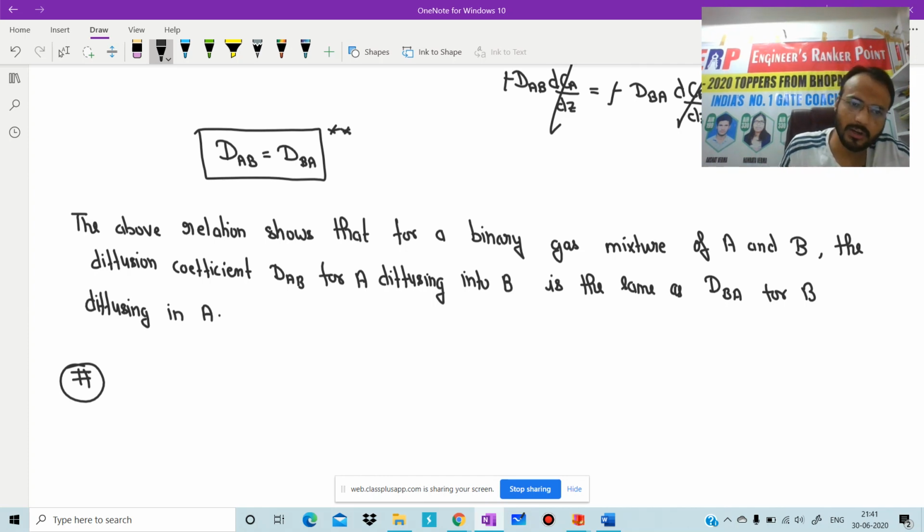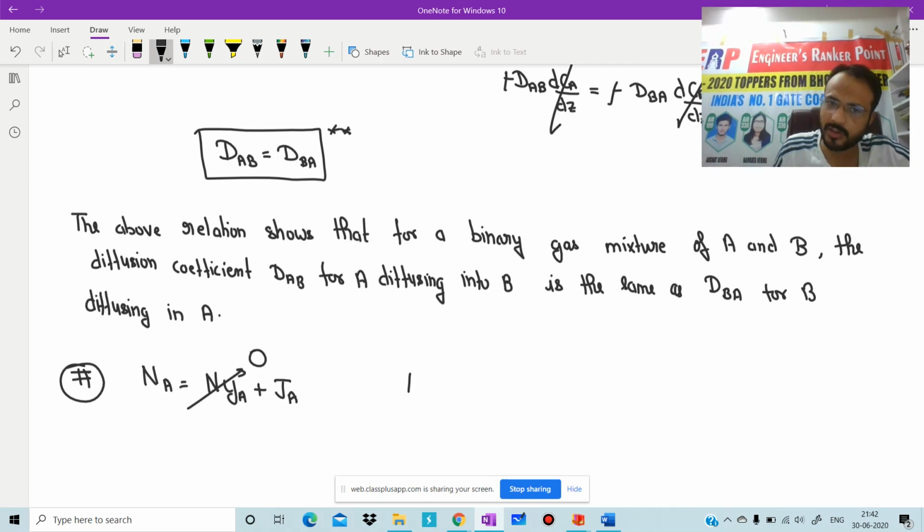We have already told you NA is equal to N into Ia plus JA. This should be equal to 0. And in this case, after solving, you will get NA is equal to DAB by RTZ into PA1 bar minus PA2 bar. Is it clear? I hope there is no doubt in this formula.